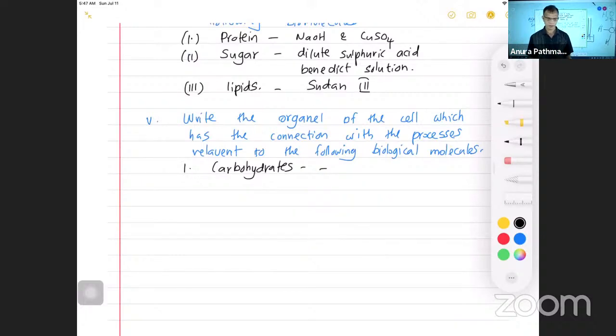What is the cell component? If it is carbohydrate, which part of the cell is dealing with that? You can write two things. Any idea?